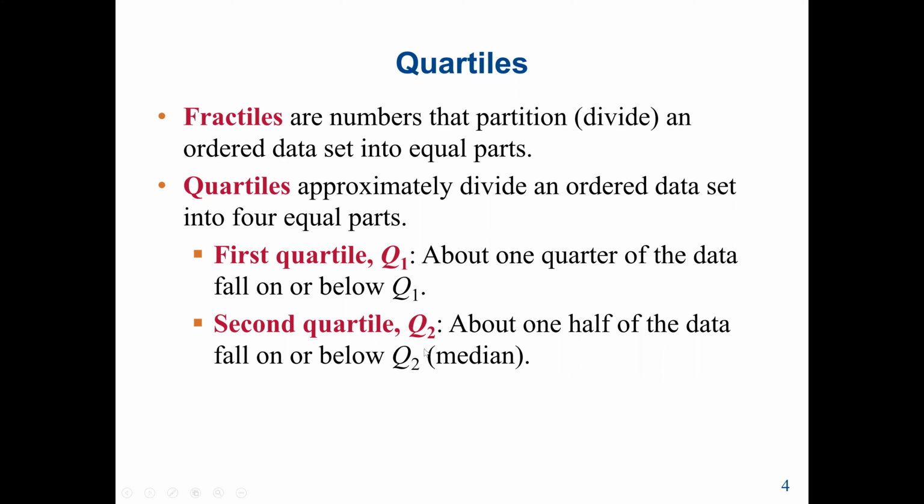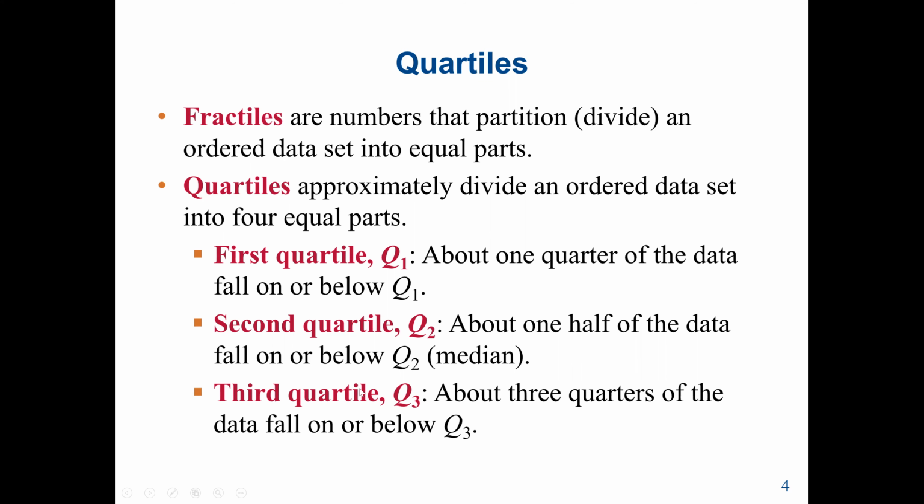We have to sort it, in increasing order. Then the middle value will always give us the median, the same thing as the Q2. Then for the third quartile, about 3/4, which is 75%, fall on or below Q3.